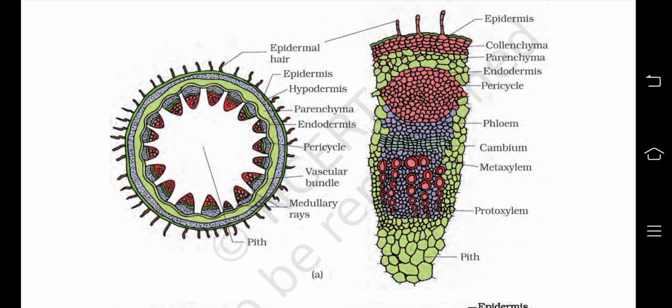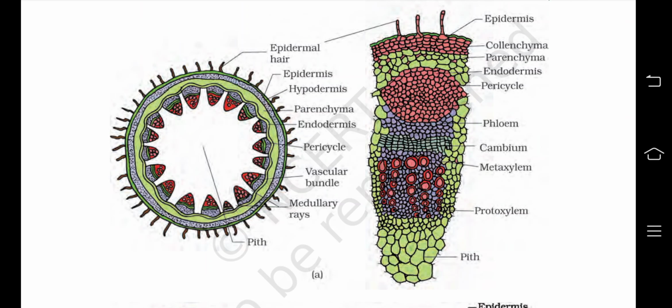Then come the vascular bundles, which are conjoint, open, and with endarch protoxylem, which means the phloem and xylem are joined together, and the endarch protoxylem means the protoxylem is inside towards the pith, and open type means a cambium is between the phloem and the xylem.